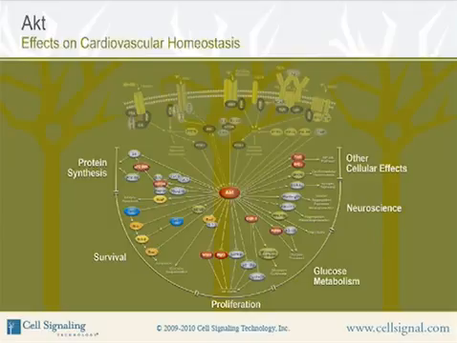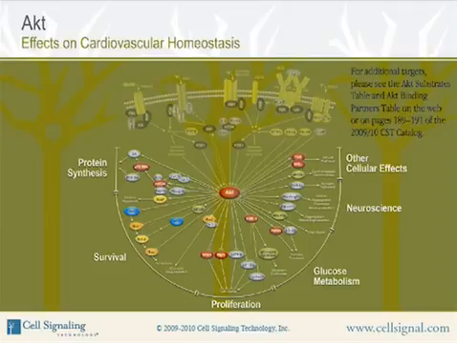AKT can also be found in a number of other signaling pathways, for example, AMPK and insulin receptor signaling, which demonstrates the interconnectedness of many signaling pathways within the cell. As stated earlier, this tutorial includes only a partial list of all known substrates of AKT. For additional AKT targets, please see the AKT substrates table and AKT binding partners table on the web.